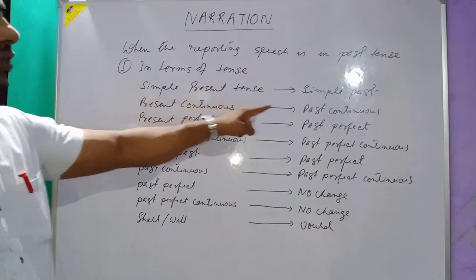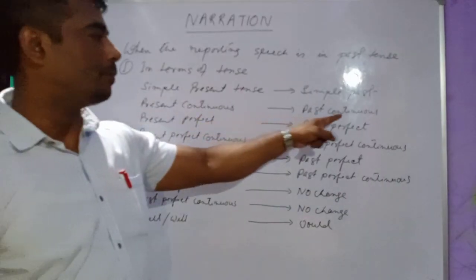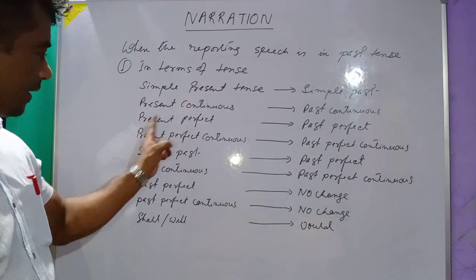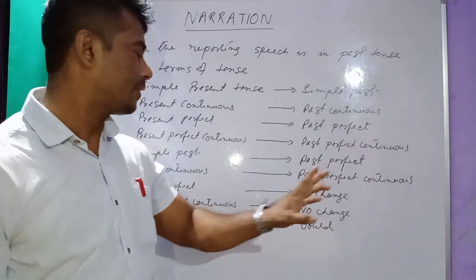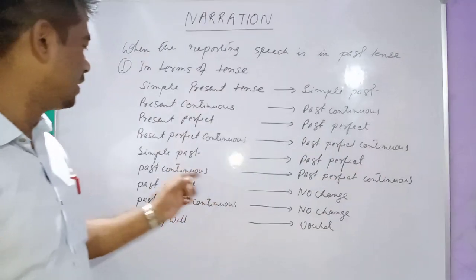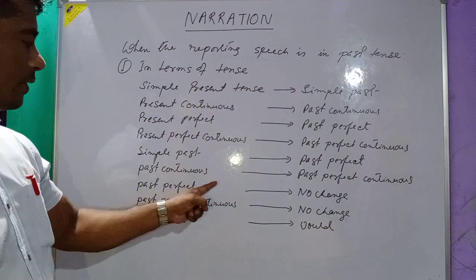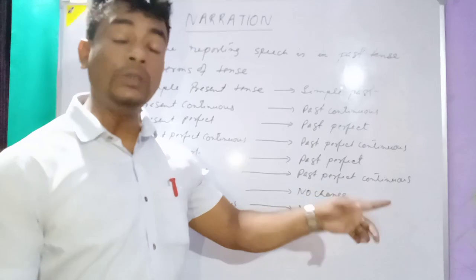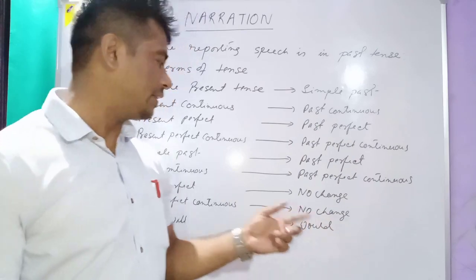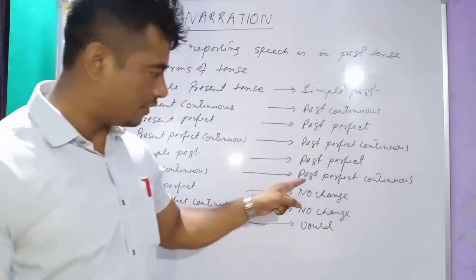Simple present tense changes to simple past. Present continuous changes to past continuous. Present perfect changes to past perfect. Present perfect continuous changes to past perfect continuous. Simple past changes to past perfect. Past continuous changes to past perfect continuous, though some grammar books say that past continuous never changes, but we follow this one.